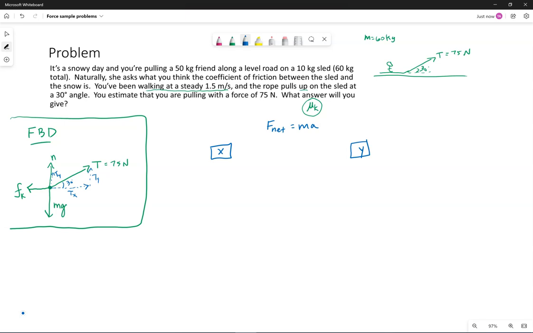All right, so in the X direction, we have our pull, so the X component of that tension. We have the force of friction, but it's to the left, so I'm subtracting that. Those are the only forces that have X components. So this right here represents the net force in the X direction. It's not a full-on equation yet, though.